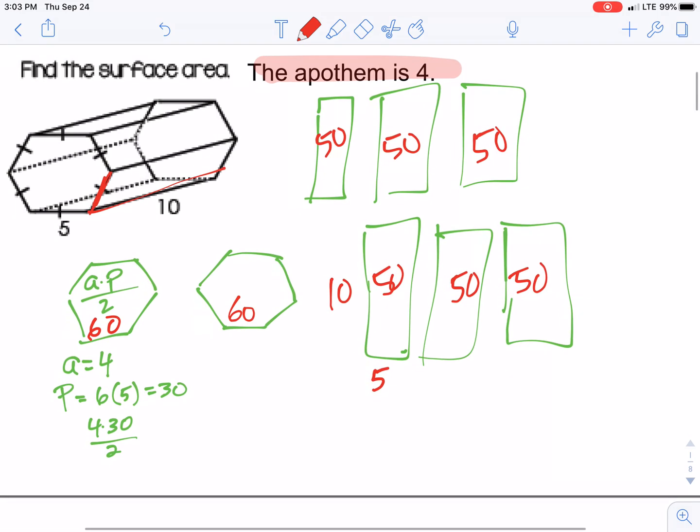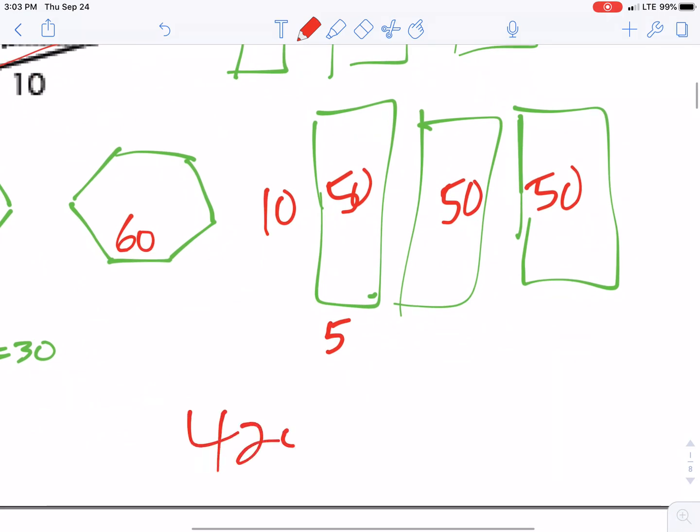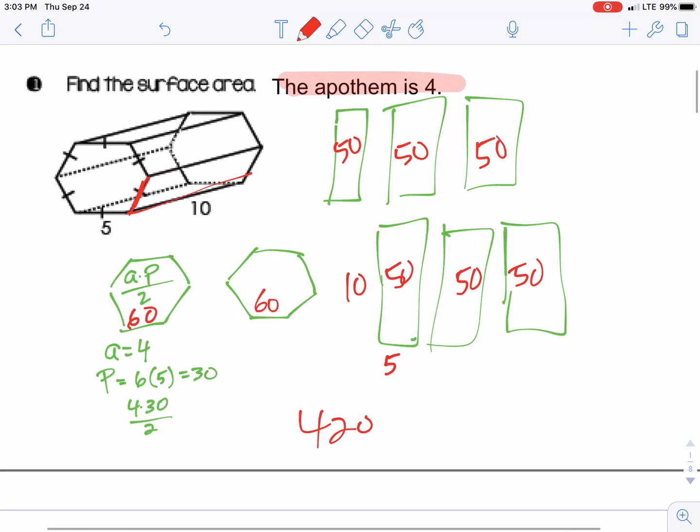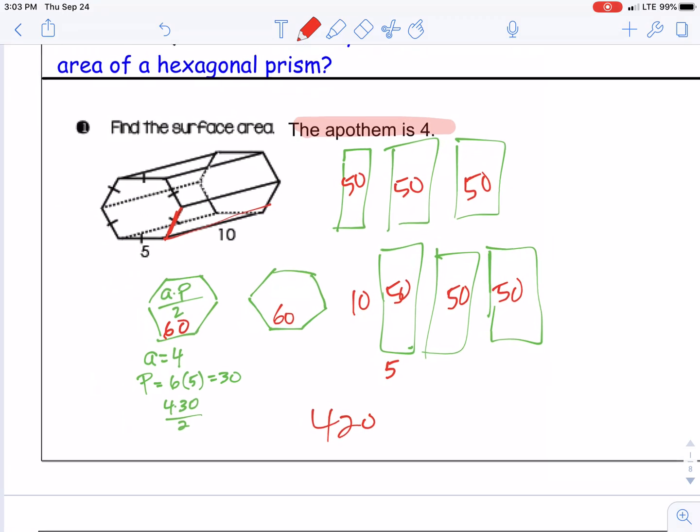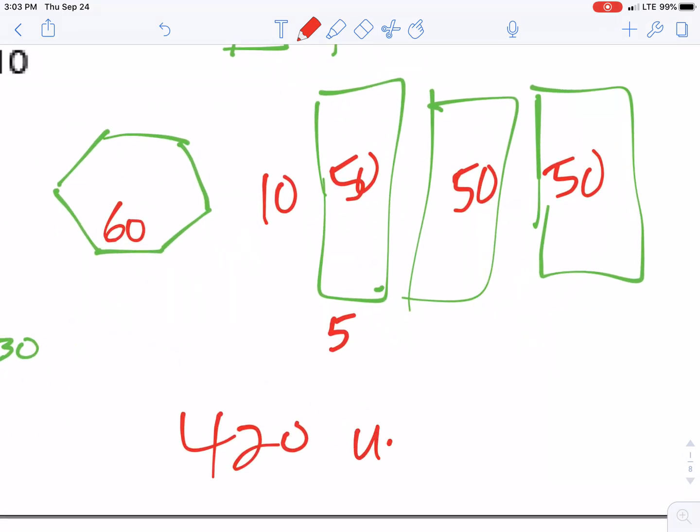So now I'm just going to add all those up: 60 plus 60 plus 6 times 50, because I know there are 6 rectangles with an area of 50. So my total combined surface area is 420. We don't have units of measure, so we'll say units squared.